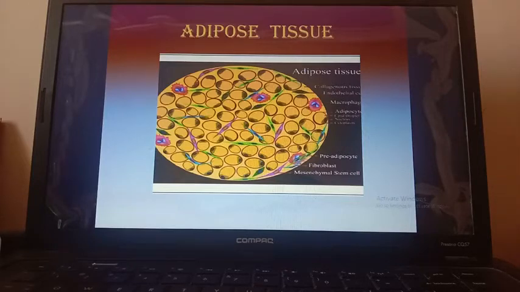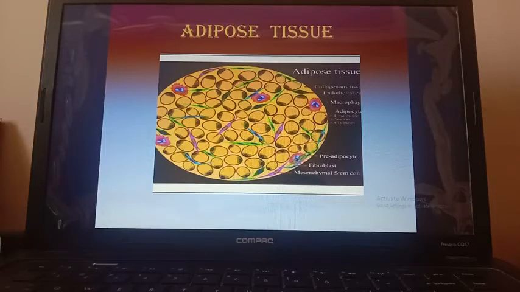So this tissue mainly stores fat. Adipose tissue is found beneath the skin and between all internal organs. It acts as a cushion between the organs, a shock absorbing cushion around the important organs.